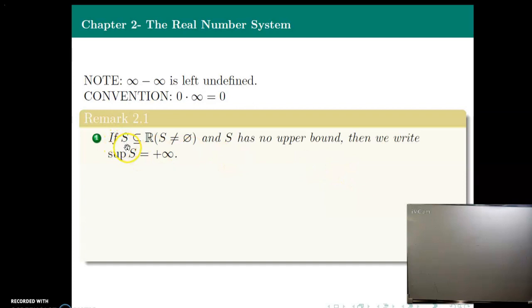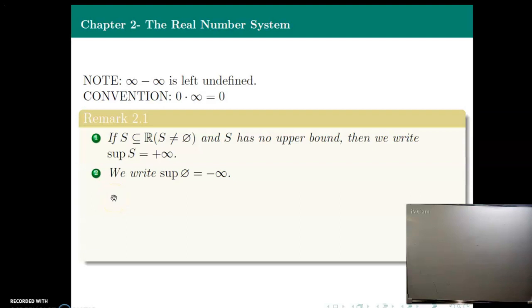For any non-empty subset S of the set of real numbers R, if S has no upper bound, meaning S is not bounded above, then we write that the supremum of S is positive infinity.